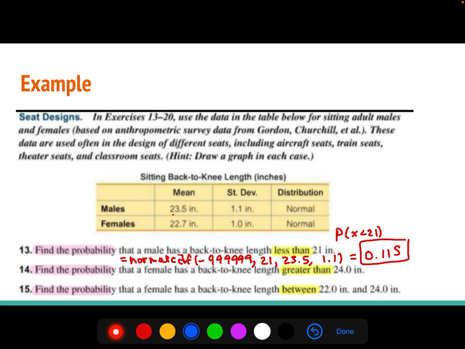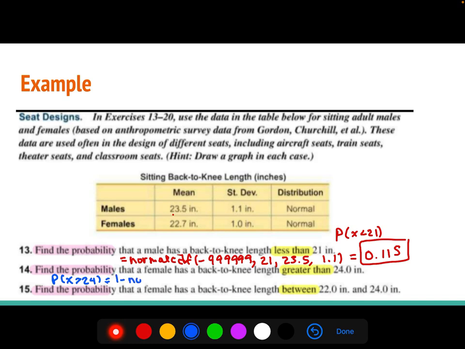Now, a female that has greater than 24. So probability females is greater than 24. That's again the normal CDF.